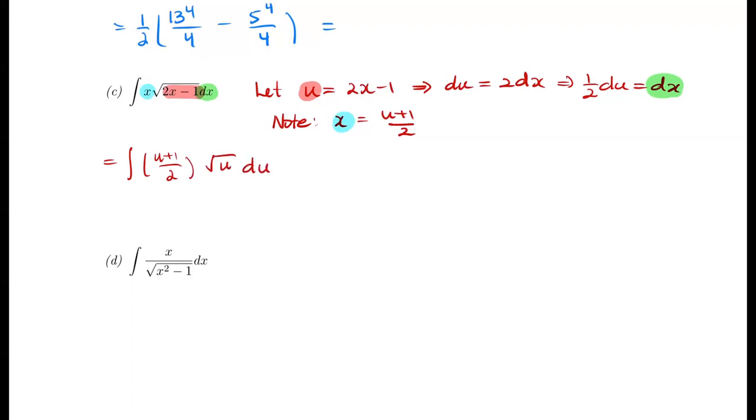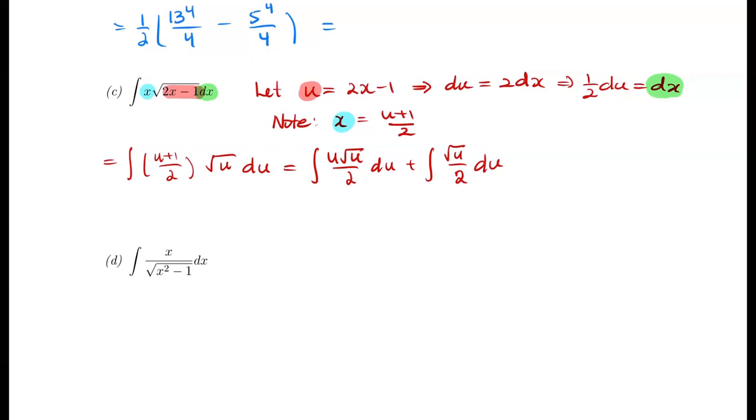Okay, so now we could just find this. That would be u root u divided by 2 du plus root u over 2 du.